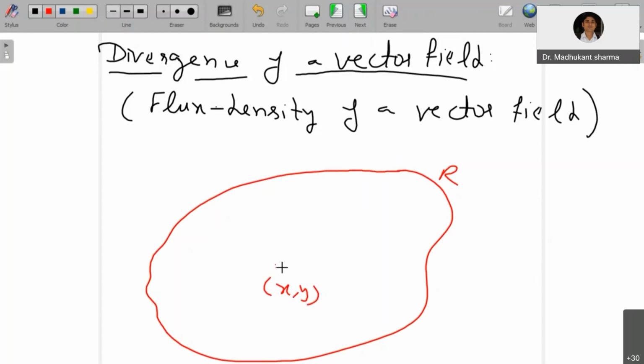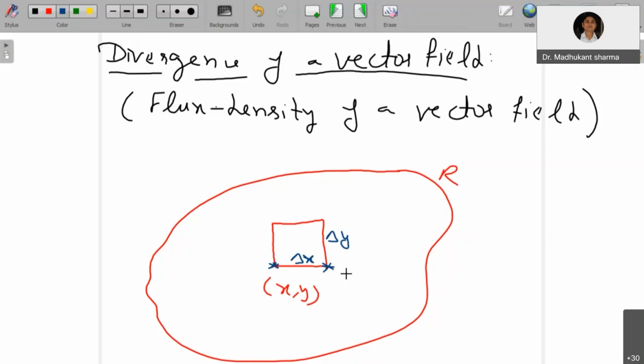A very simple geometry is the rectangle. You may draw a rectangle which lies entirely inside the region R. This is the point x comma y, with delta x in the direction of x and some delta y.